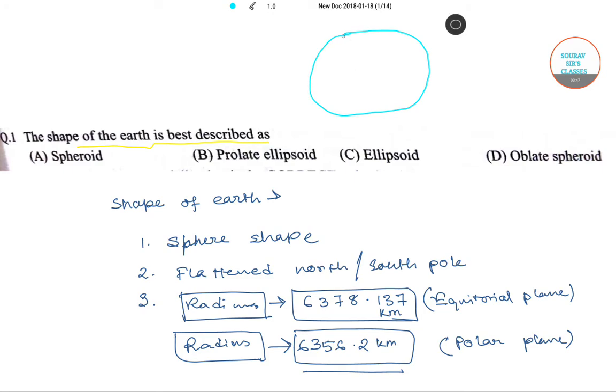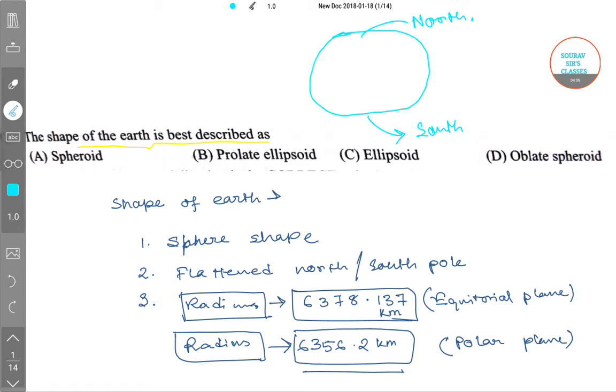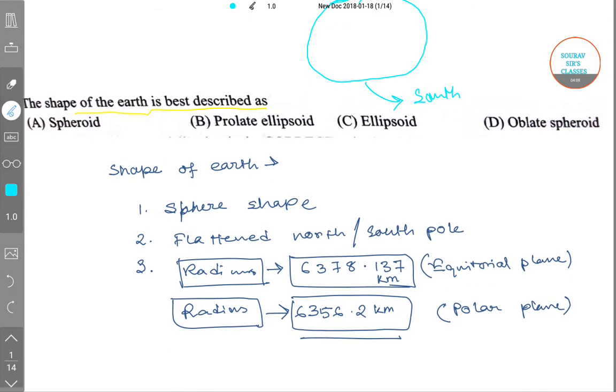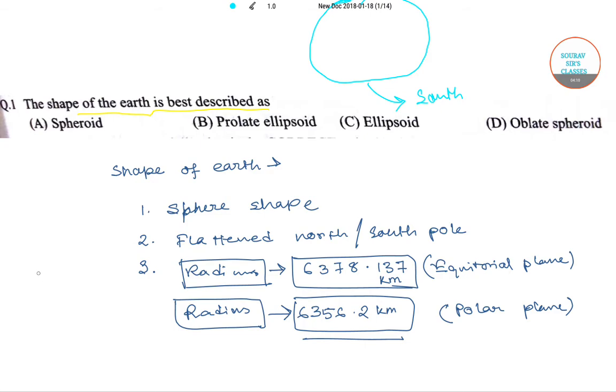It's kind of like this, suppose, I'm just doing it roughly, north and south. Now these flattened poles are why we call it the oblate spheroid. We call it oblate spheroid because of these flattened poles.